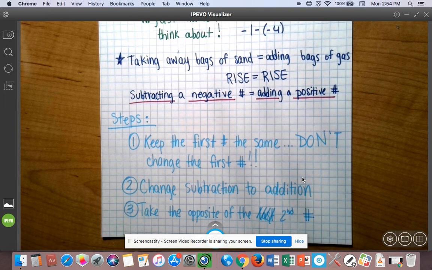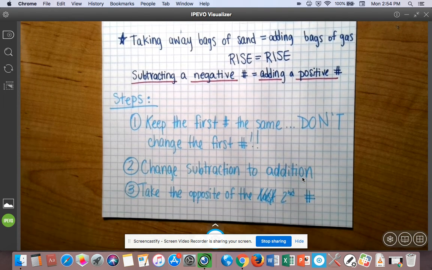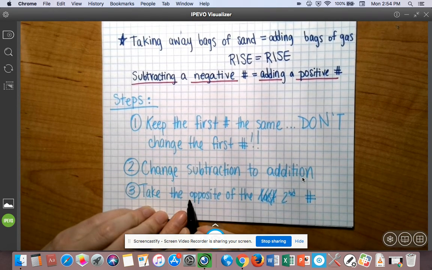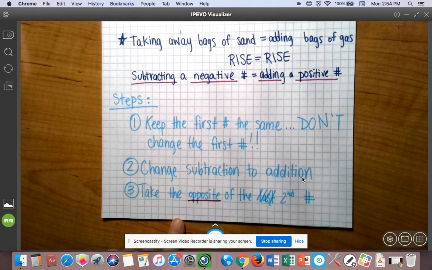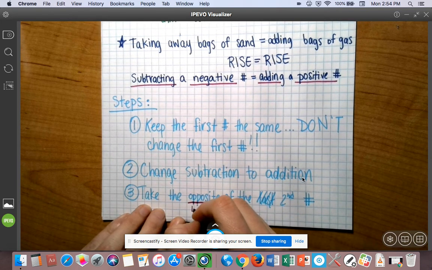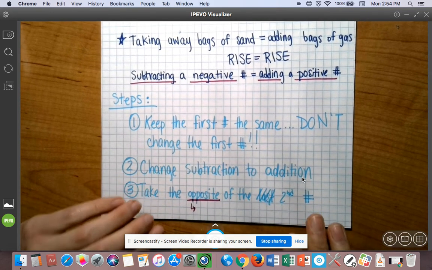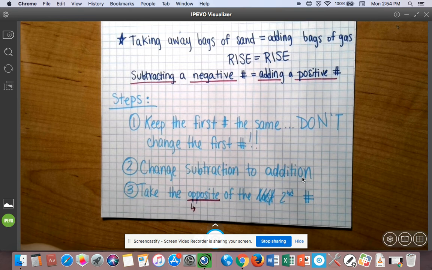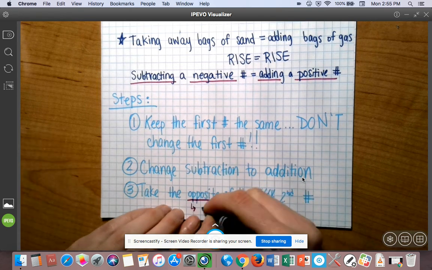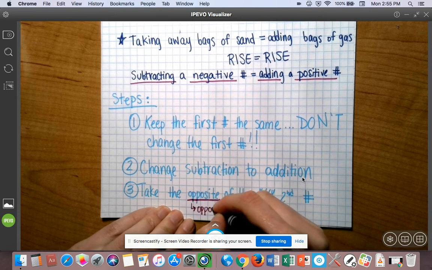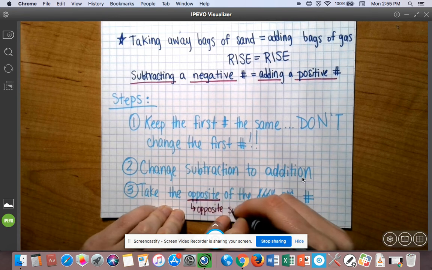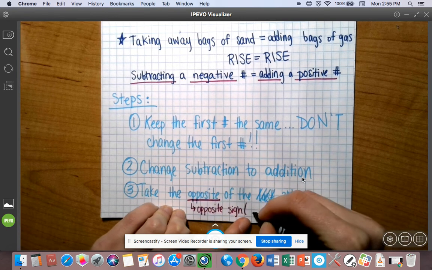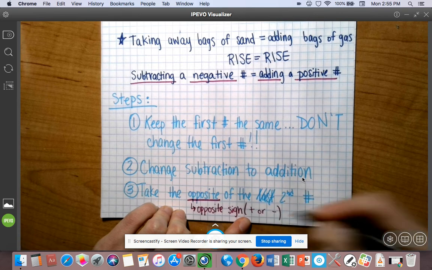Now, if you remember, when I say take the opposite, hopefully you're thinking to yourself, Ms. DeFazio, I know what the opposite of a number is. That's where if your second number is positive, you're going to turn it into a negative. If it's a negative number, you're going to change it to positive. So it's the opposite sign, either positive or negative.